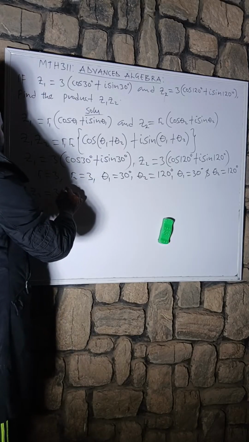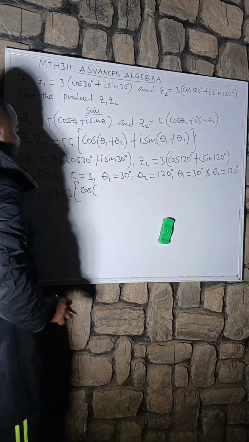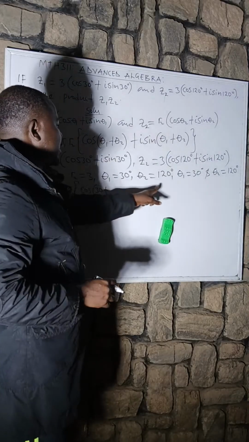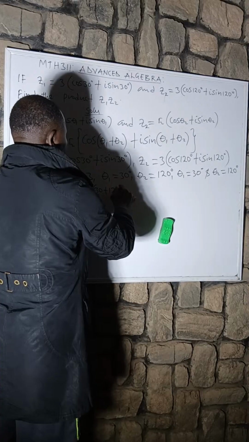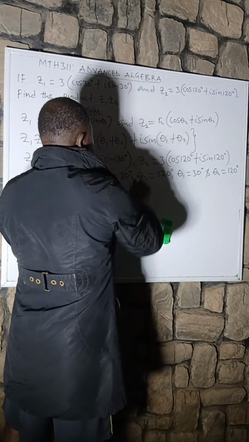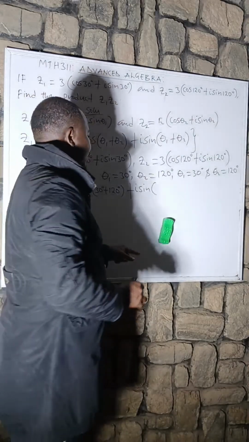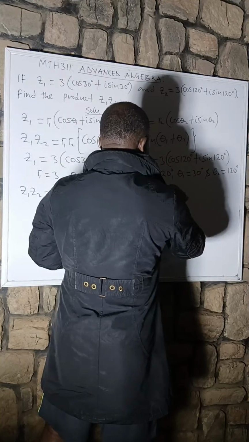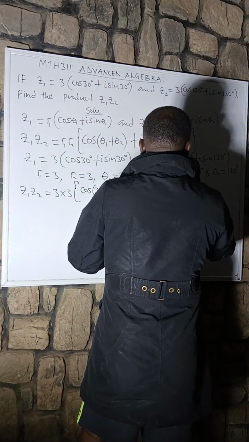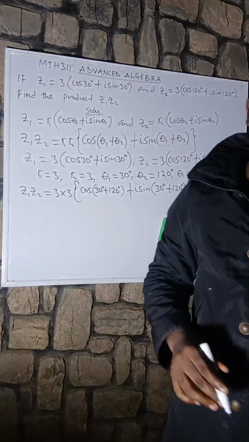So 3 times 3, then open brackets, cos, open bracket, theta 1 is 30 degrees plus theta 2 is 120 degrees, plus i sin, theta 1 is 30 degrees plus theta 2 is 120 degrees, close the brackets. Are you following? Look at the board.